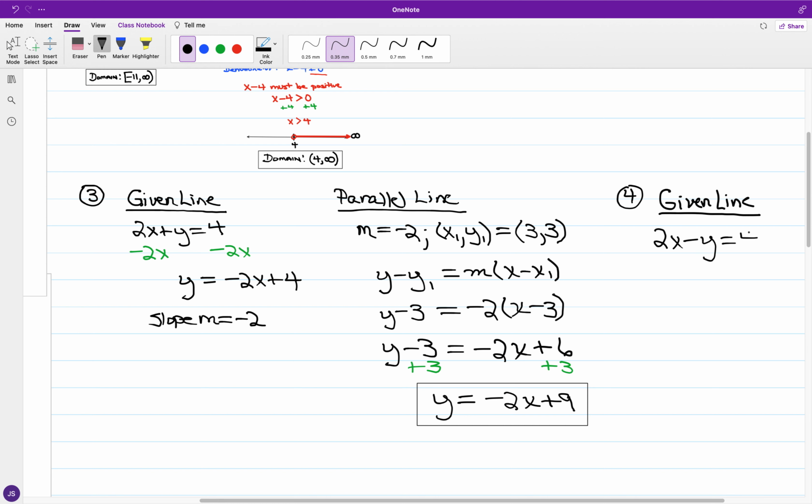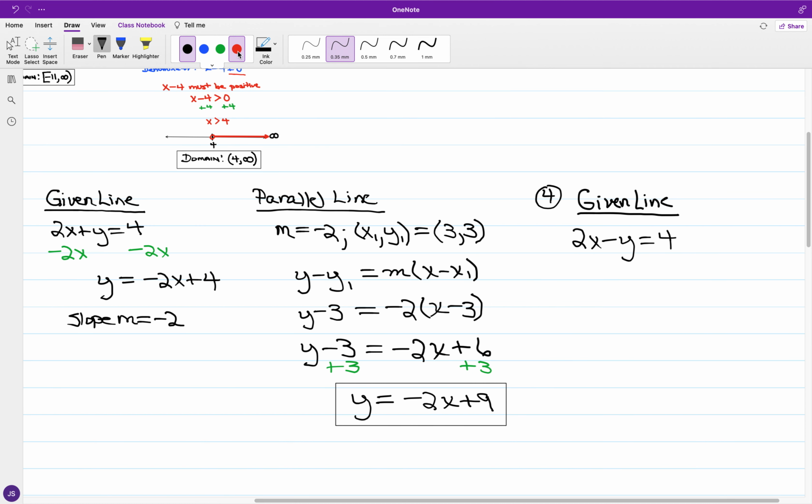is equal to 4, and to determine the slope of this line, again I can refashion this and put it in terms of the slope-intercept form. And just like the earlier given line, I'm going to move the 2x over, and we have negative y is equal to negative 2x plus 4.